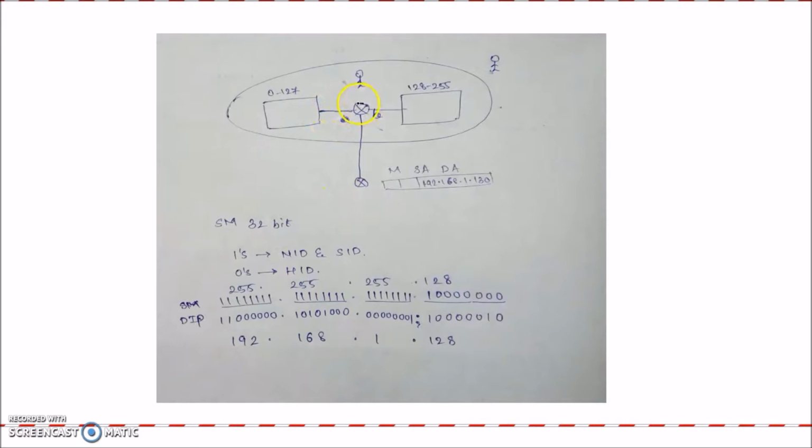Here, this is an internal router and this is an external router from where the packet is coming to our network. Our network is divided into two parts of a class, subnet A and subnet B. Where the packet is coming from, that depends.